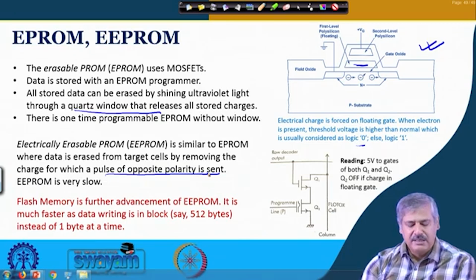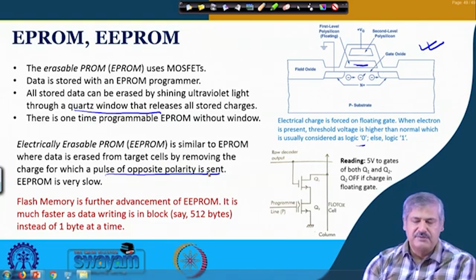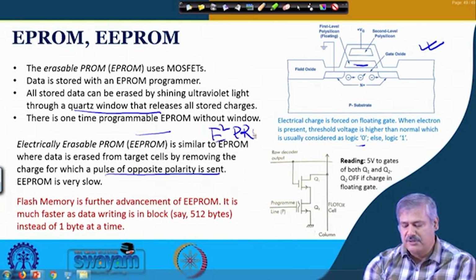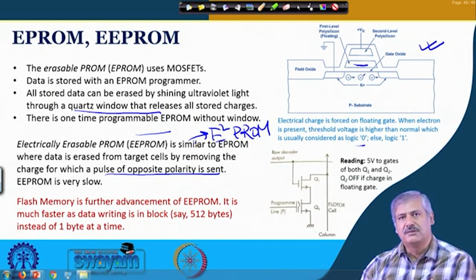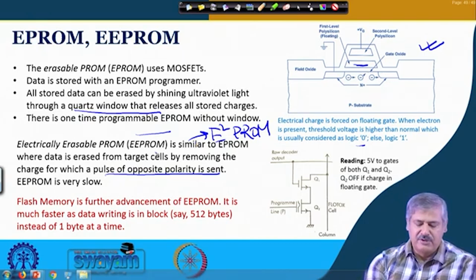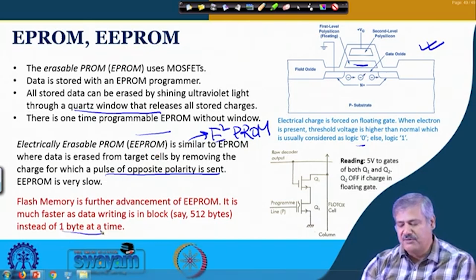Of course, this is very slow, and after that came flash memory, which is faster than EEPROM, or E square PROM as it is often called, where the data writing happens in blocks of say 512 bytes, instead of normal E square PROM, which is 1 byte at a time. So, that makes it faster.